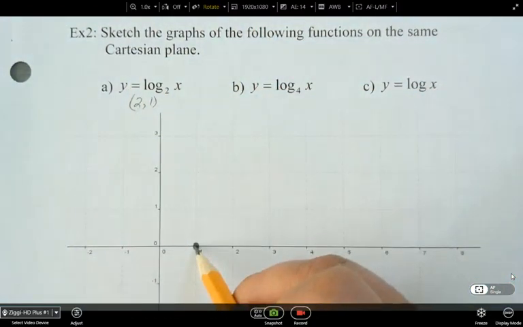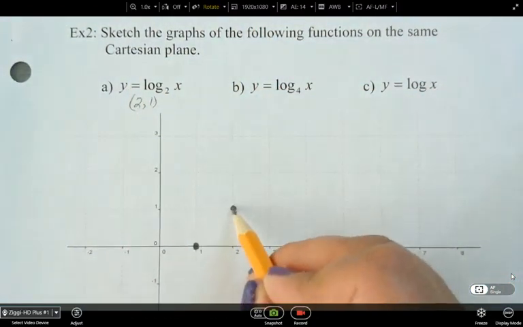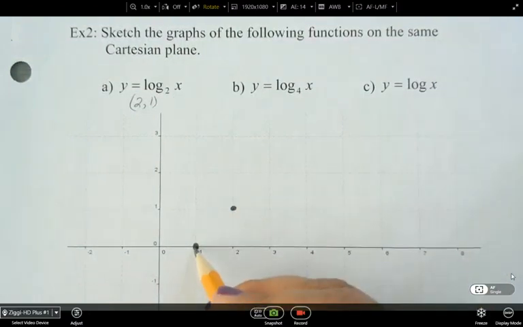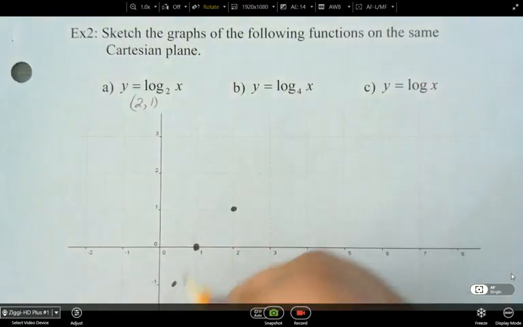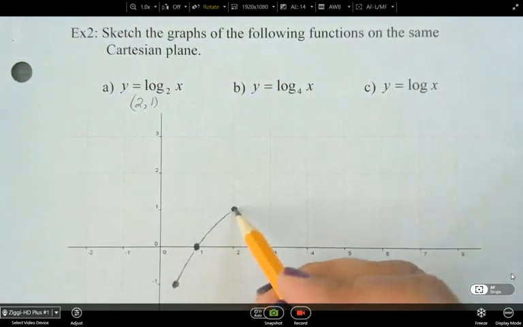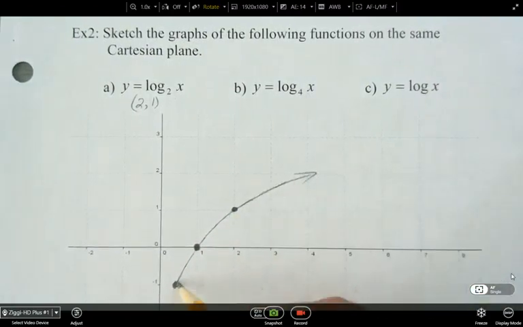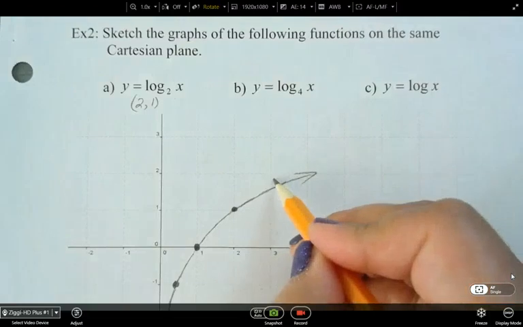So it's based on the base, essentially, right? And then where is the point at -1 going to be? Where do you think it's going to be? At a half. So it's going to be right here. So we could draw our sketch here. So we'll label that graph A.